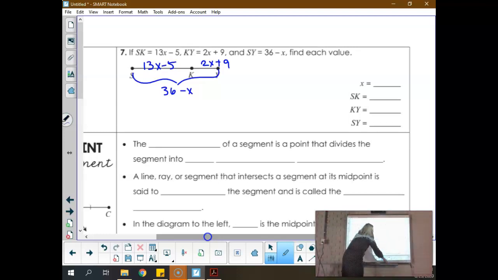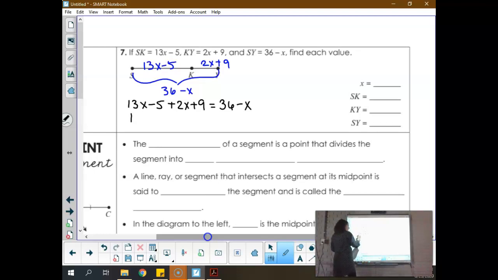So as we set this up to solve it, I've got 13x minus 5 plus 2x plus 9 equals 36 minus x. Combine my like terms, 15x plus 4 equals 36 minus x.